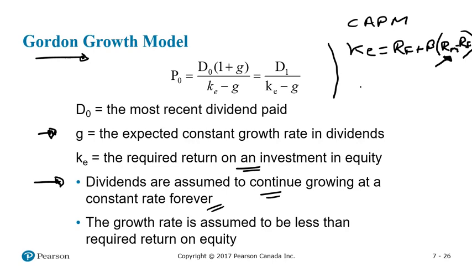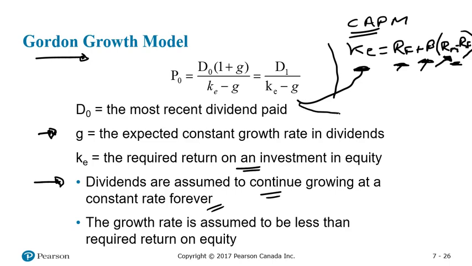But let's not get into that today. You will probably see it in your future studies: the required return on investment in equity can be calculated based on the CAPM model, and it relates to the risk-free rate, which is often a T-bill rate or a government bond rate, plus the beta times the return to the market minus the risk-free rate, which is the equity market premium, okay?